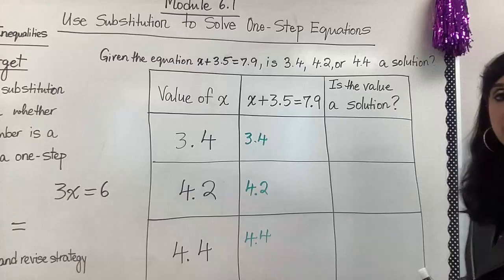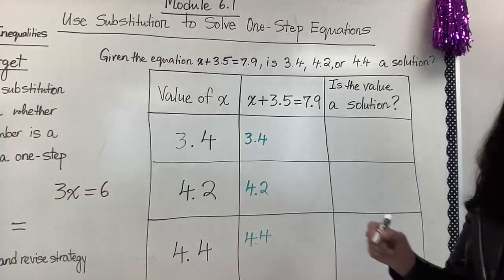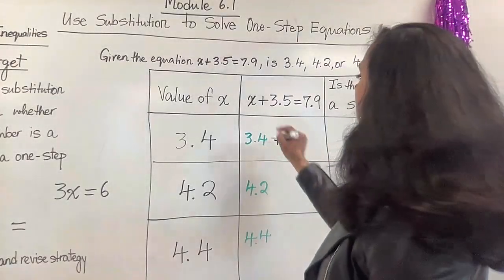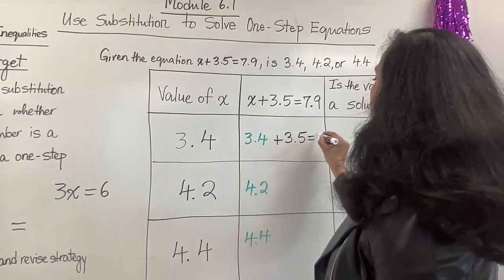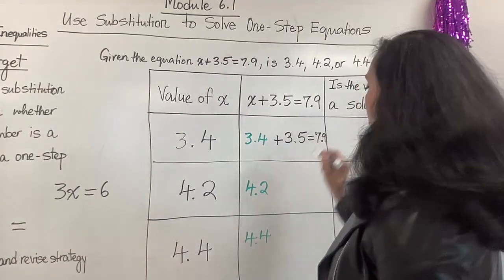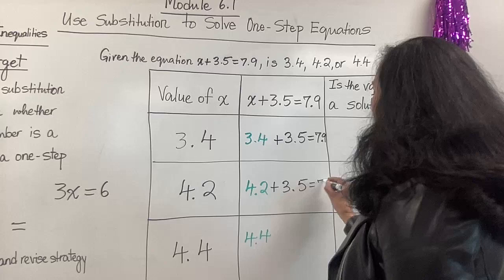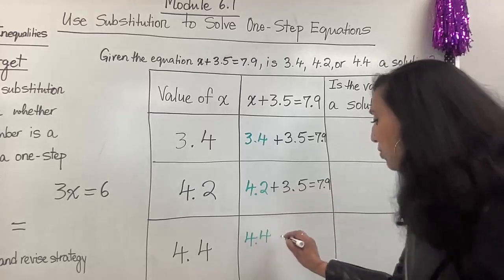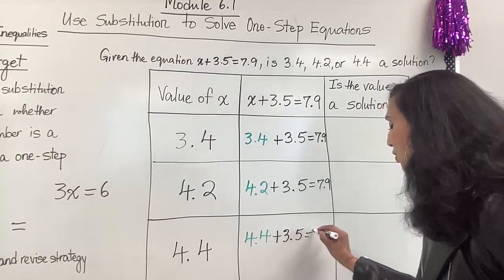Okay, and then I'm going to add that to 3 and 5/10, because x has been substituted. 3 and 5/10 is equal to 7 and 9/10. So that's what we are trying to see, as to whether when I am adding, am I going to get the value which makes the equation true.